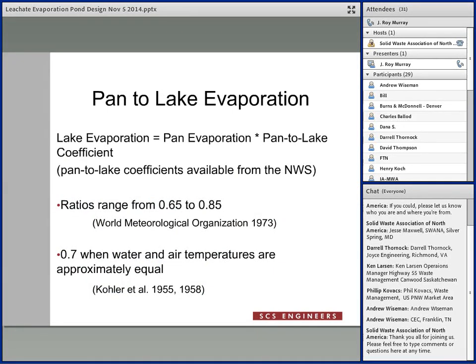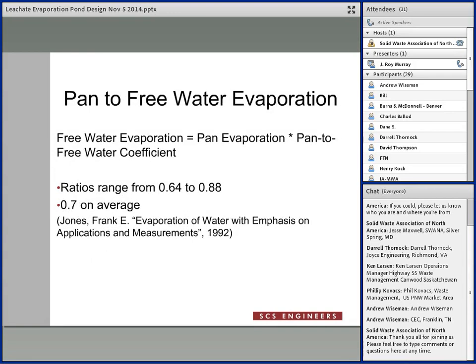Ratios for pan to lake evaporation range from 0.65 to 0.85. One thing that they do note is that when the water and air temperatures are approximately equal, that ratio is about 0.7. And then on pan to free water evaporation, it's the same equation. You're simply multiplying your pan evaporation by your pan to free water coefficient.